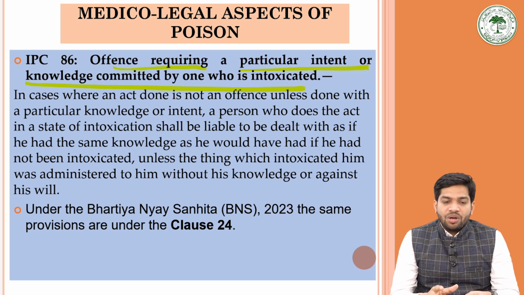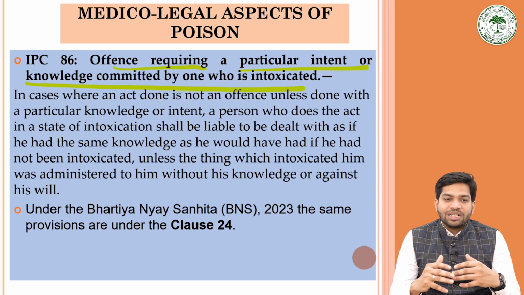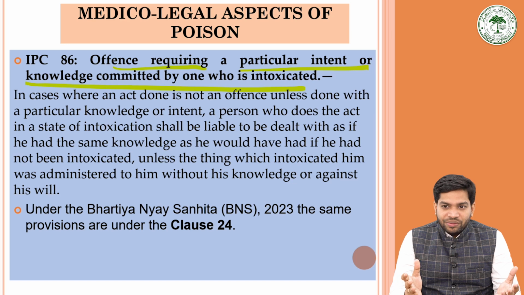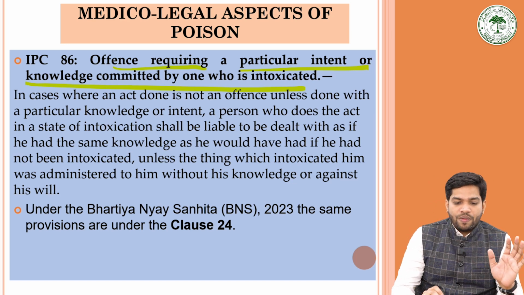At the same time, if Y drinks alcohol voluntarily, so much so that he loses self-control, and then he goes and beats Z, in that case he will be held responsible as per Section 86 of IPC.